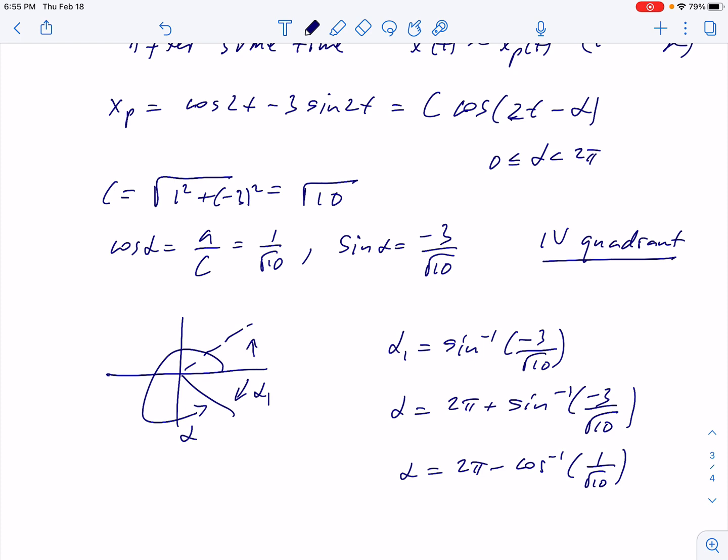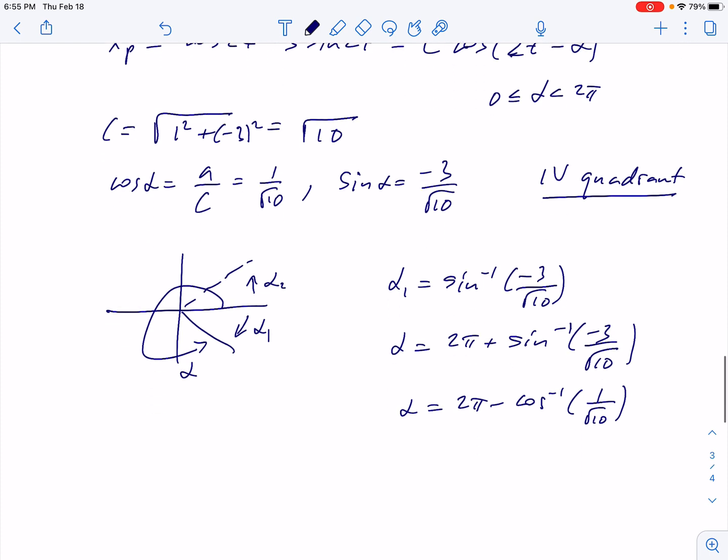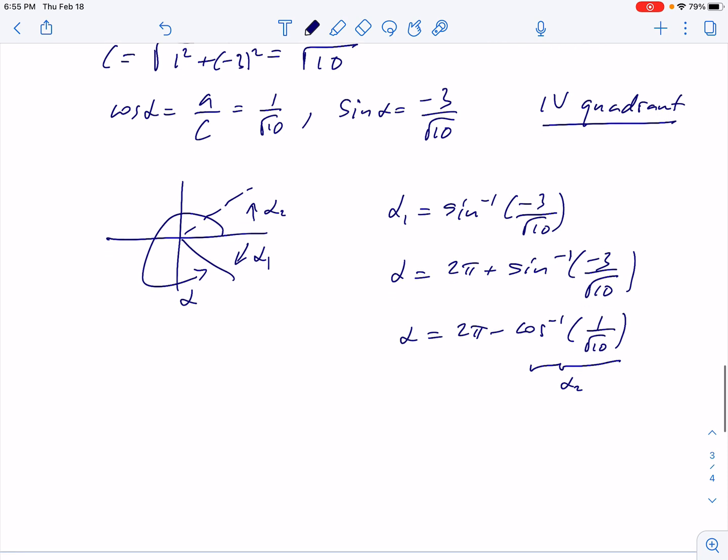You can consider angle alpha 2 where symmetric to alpha 1 with the same cosine. And inverse cosine of this number will give you exactly alpha 2. So that's the angle alpha 2. Okay, we're practically finished. So I'm writing the particular solution in standard form now.